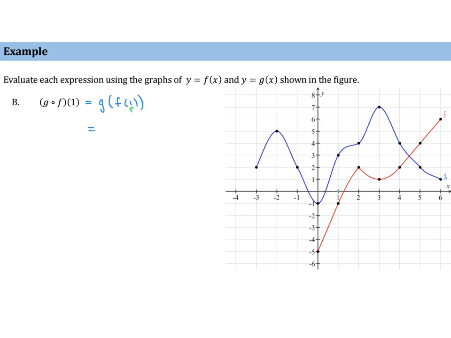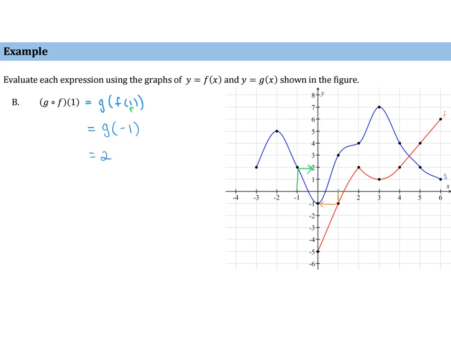So if we put 1 into f, we're going to get out -1. So this means now we find g of -1. And so we'll find -1 on our x-axis and substitute that in to g. And so we obtain 2.